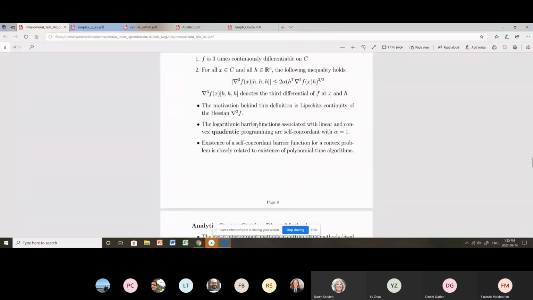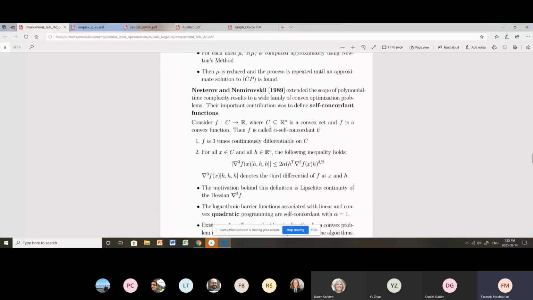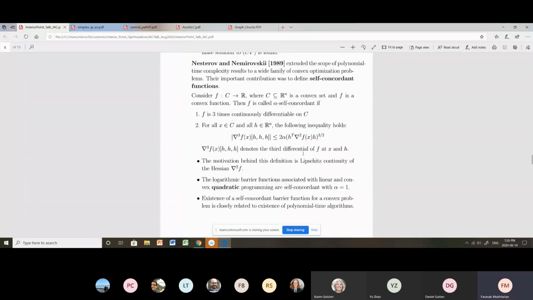For example, the logarithmic barrier function that is here, if we have linear constraints or convex quadratic constraints, the logarithmic barriers would be self-concordant with alpha equal to 1. They are 1 self-concordant. So that was the important contribution, the self-concordancy property of the barrier function.